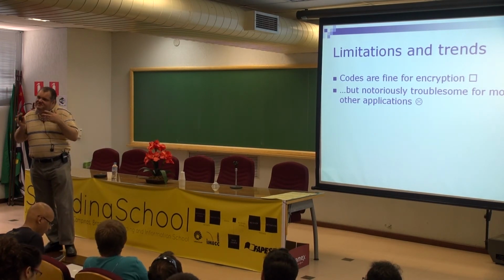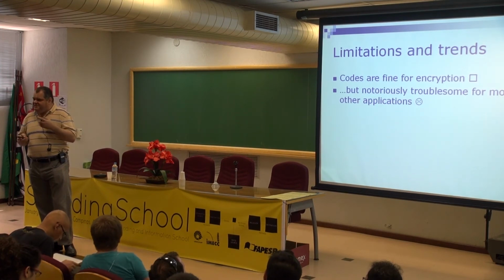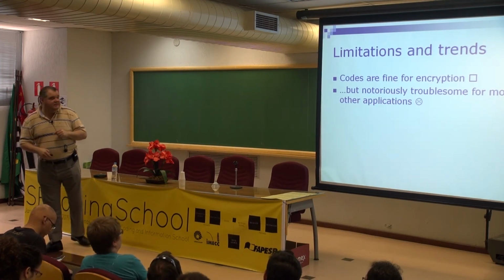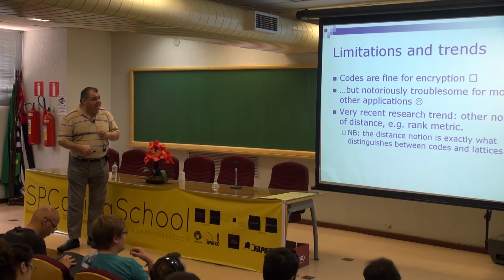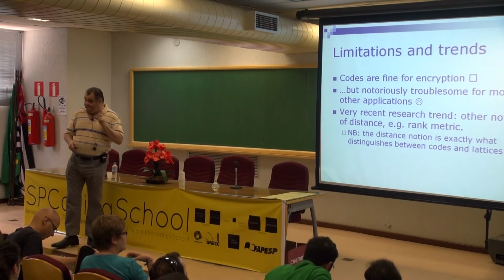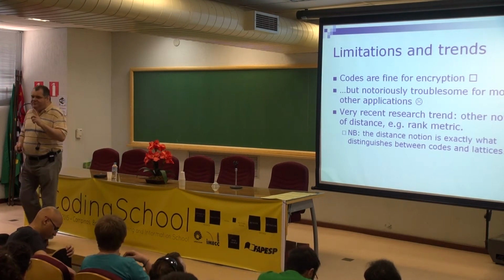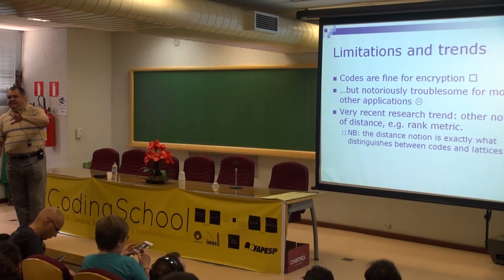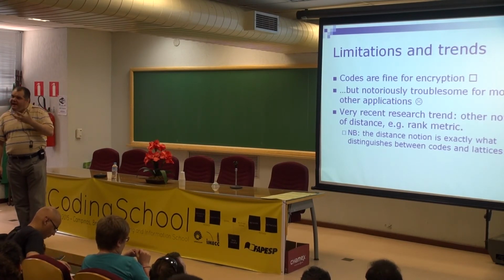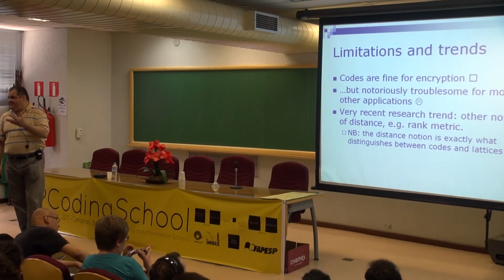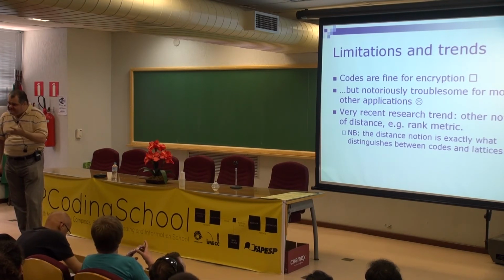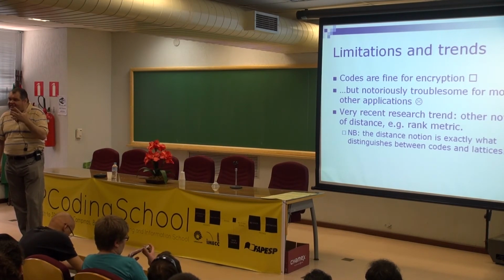We cannot do signatures efficiently using codes yet. There is another research trend involving codes, but now dropping the Hamming notion of distance. Drop the Hamming distance. Choose a different metric.